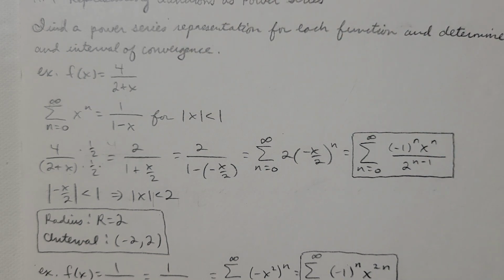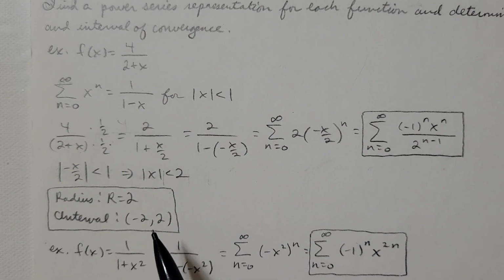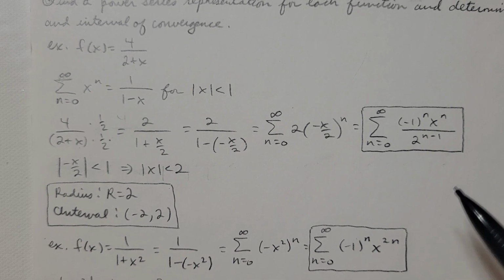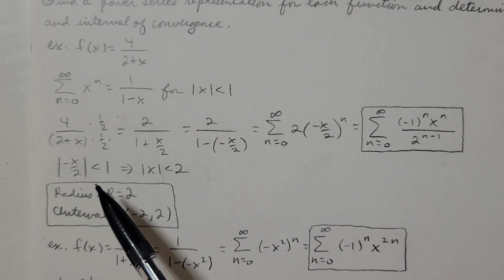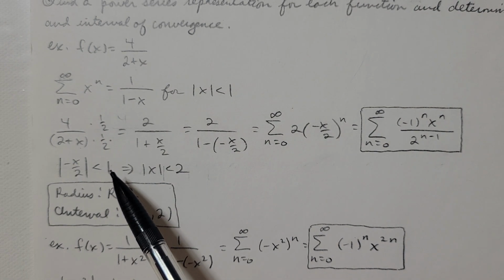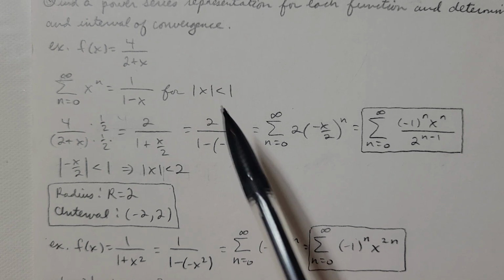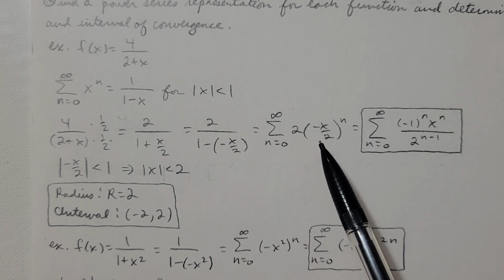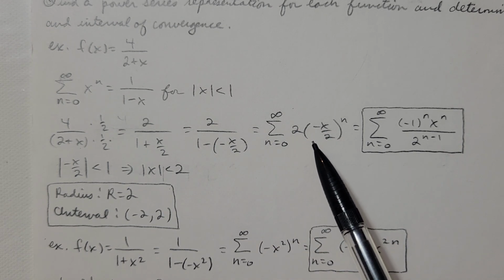Now, we want to find the radius and the interval of convergence. I'm using a geometric series, so what I know about convergence is that if the absolute value of r is less than 1, you're going to converge, and if the absolute value of r is 1 or more, you're going to diverge. r is negative x over 2, which is what we used for the power series representation.